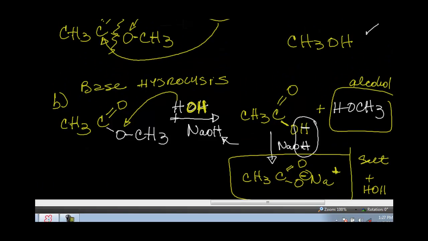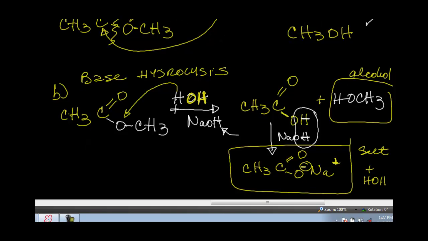This reaction right here, basic hydrolysis, is also called saponification. And let me tell you what that means.